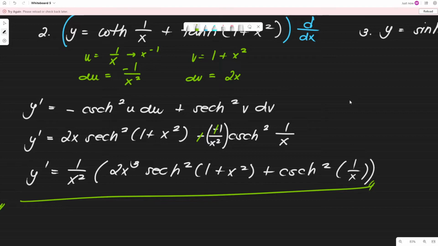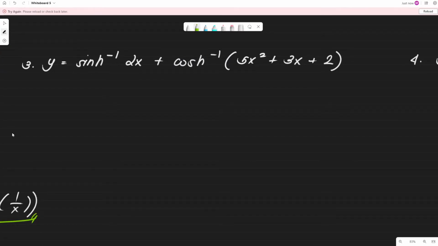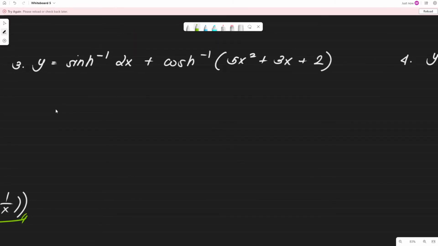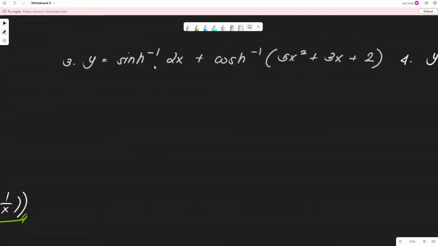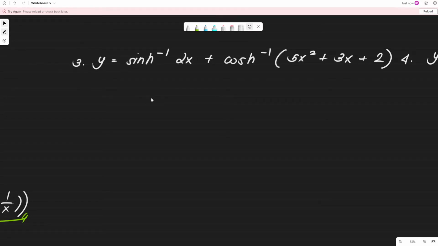Easy. Okay, so number 3 naman tayo. We have y is equal to arc sinh 2x plus arc cos of 5x squared plus 3x plus 2. So, usog ko lang ng konti. Okay, so what is our u? Let's say this is u.